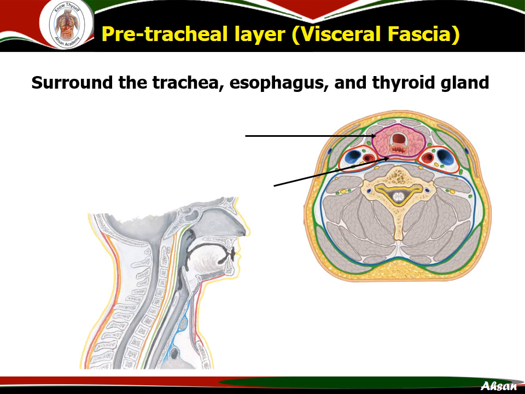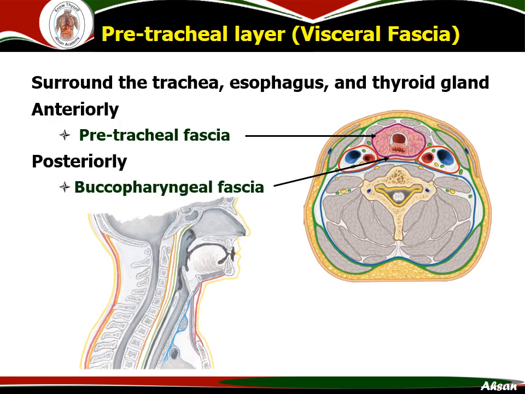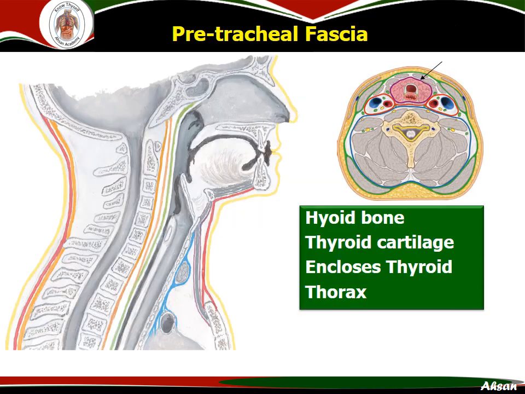So it is better to say visceral fascia because the anterior part is specifically known as pretracheal fascia and the posterior part is known as buccopharyngeal fascia. So in summary, this is visceral fascia that encloses the trachea, esophagus, and thyroid gland, the anterior part of which is pretracheal fascia and the posterior part is buccopharyngeal fascia.